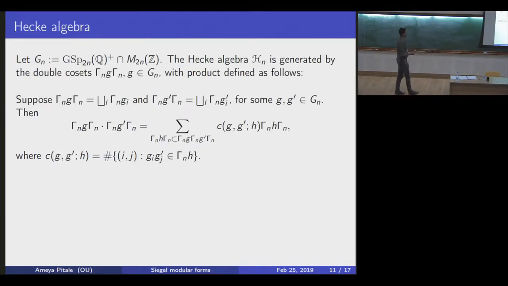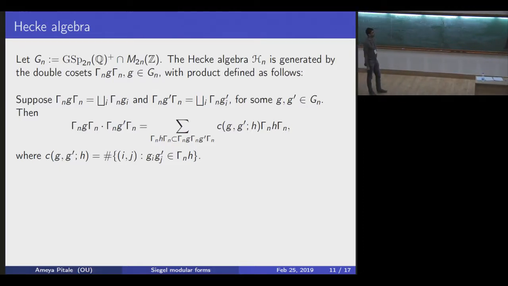There are some generalities which I'm going to go through pretty fast because this is common to every Hecke theory for modular forms. You take Gn to be integer matrices in the symplectic group with positive similitude. Then your Hecke algebra is a formal algebra made up of linear combinations of these double cosets.